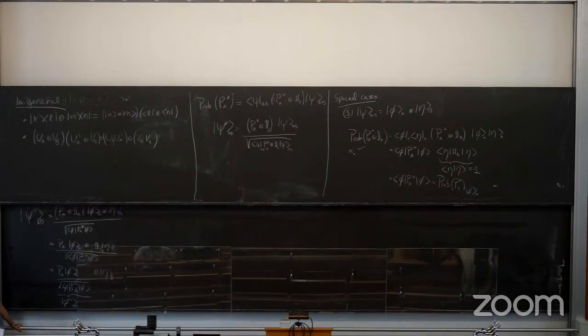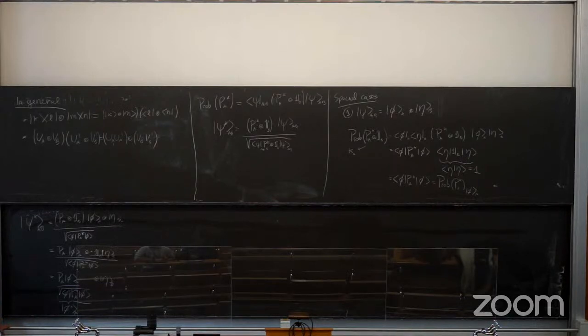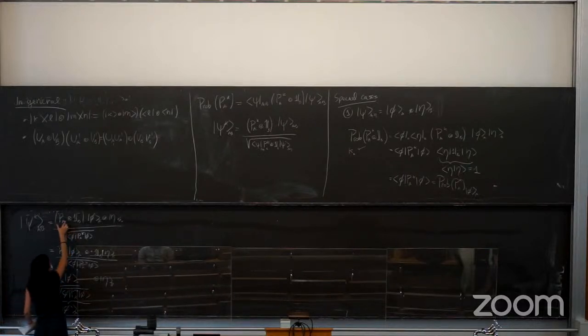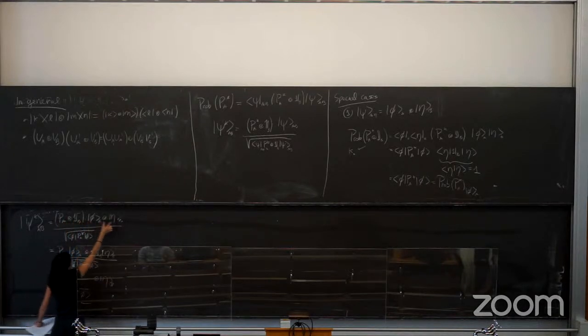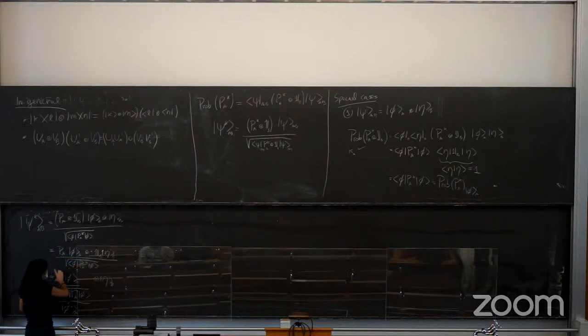Tensor product? You sure? Okay, you can ask me at the end if you want. But look, the PA acts on A, the identity acts on B. And now I just wrote the same thing here. I just got rid of the identity because it does nothing on B. On A, we have the same.